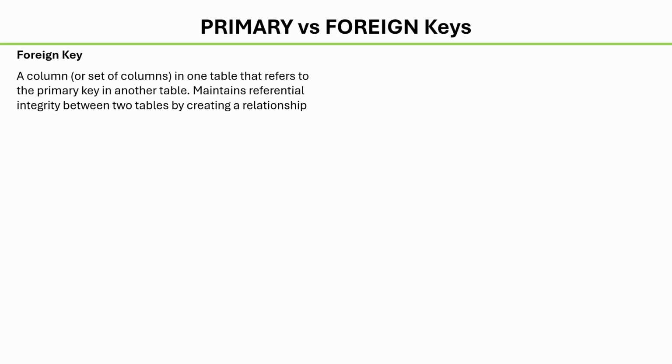At that time you are a foreigner to that country. The same thing with a foreign key in a table: it means the key did not originate from that table and is living in another table. What it does is maintain referential integrity between two tables by creating a relationship.